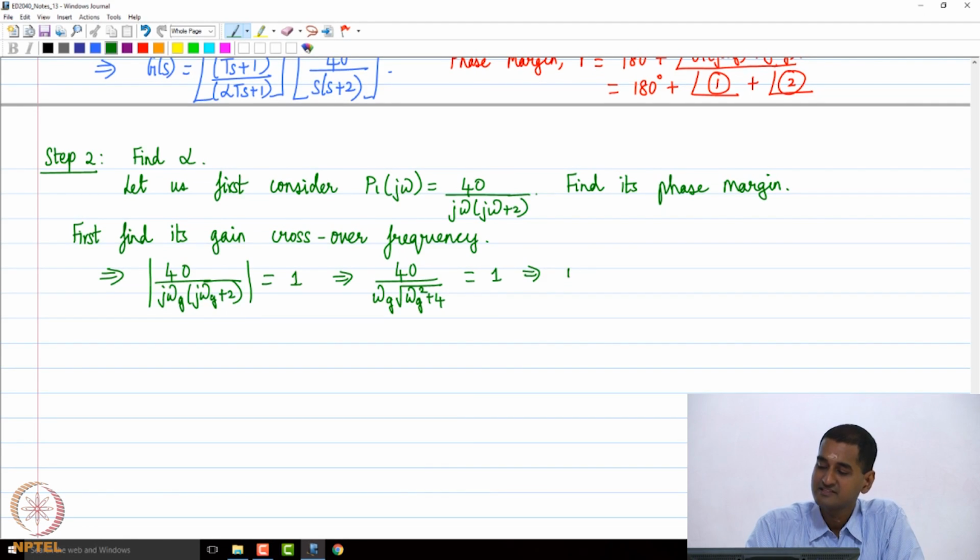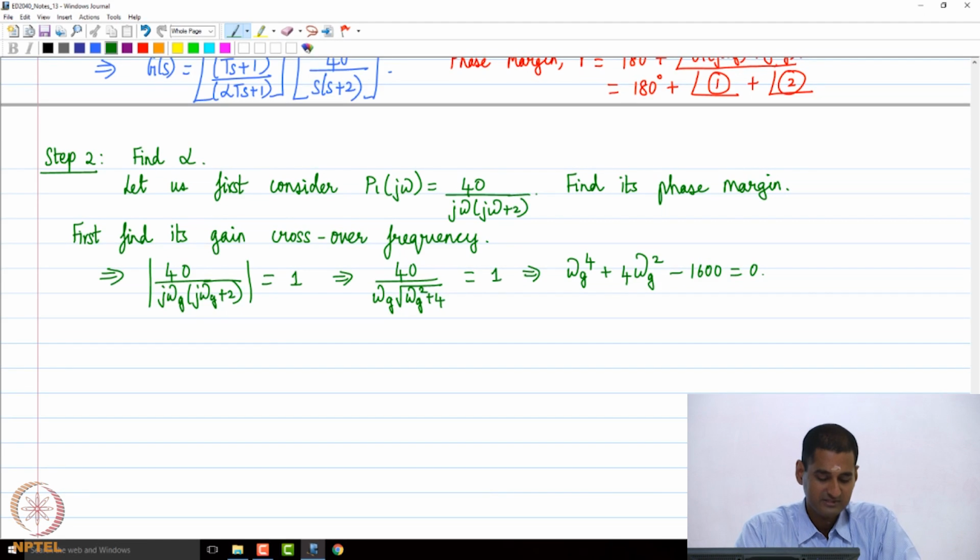We have already done this exercise. If you do this, you will get omega g to the power 4 plus 4 omega g squared minus 1600 equal to 0. This is something we already know. If you simplify this, you will get omega g to be around 6.17 radians per second.